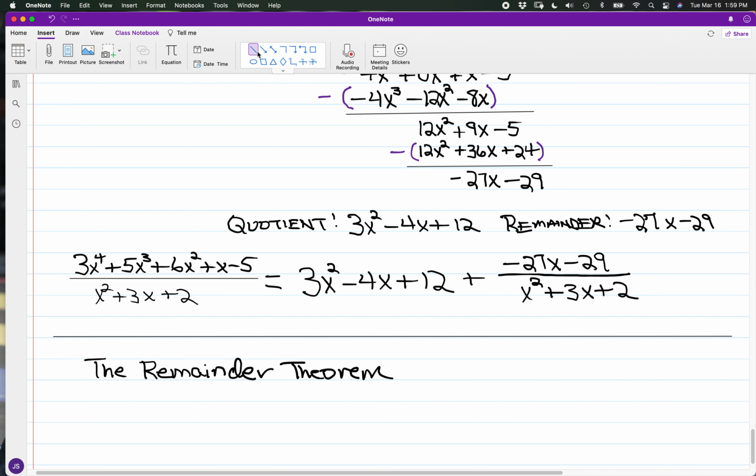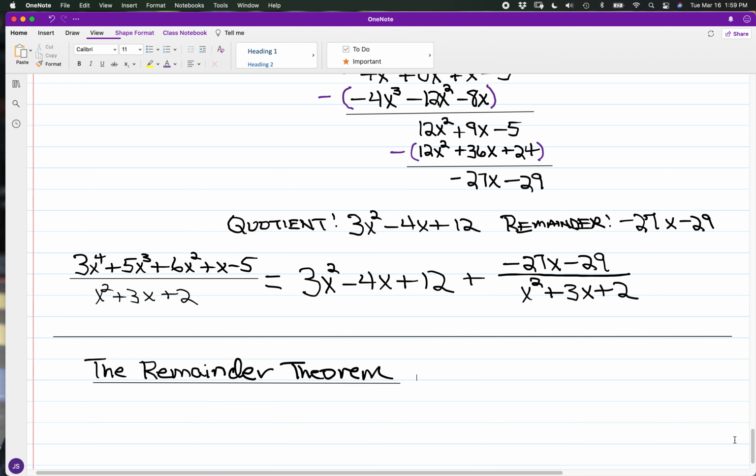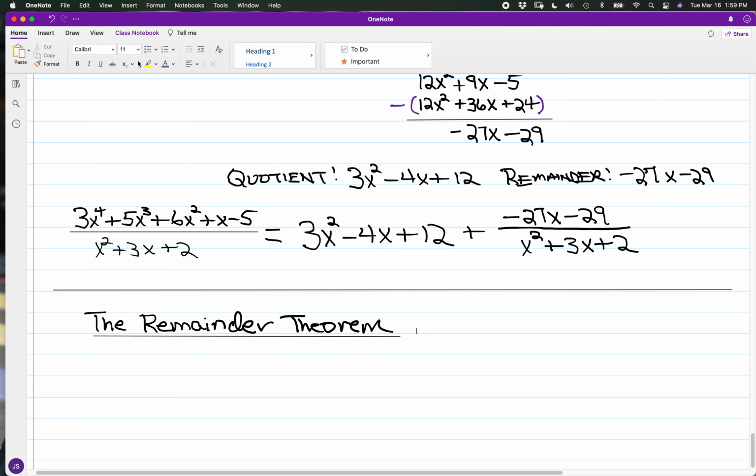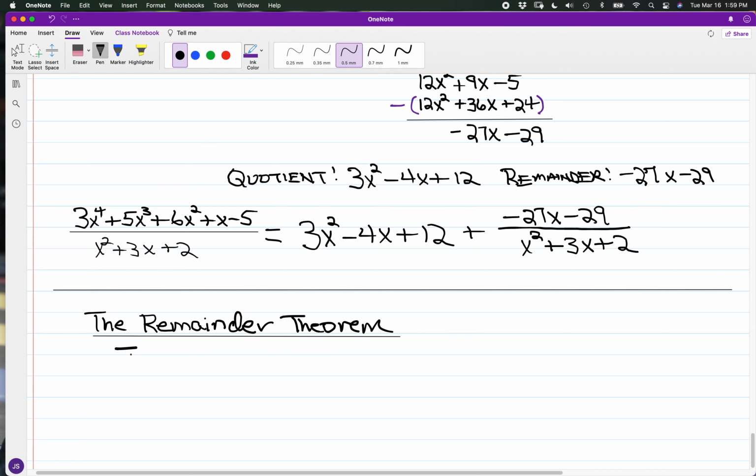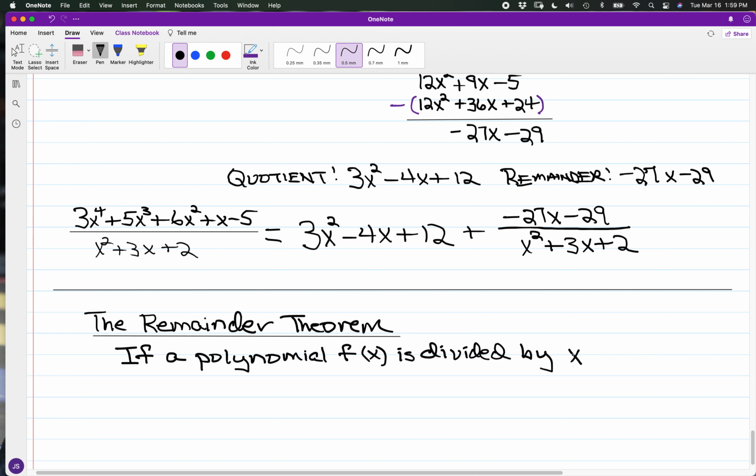In the case of the remainder theorem, say we have a polynomial f of x divided by, say, the very same binomial that we've used transitioning from notation in long division to synthetic division.